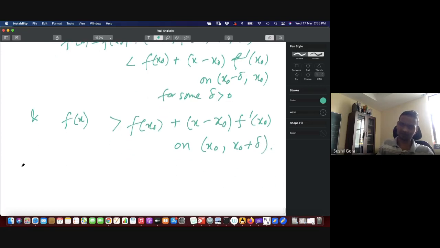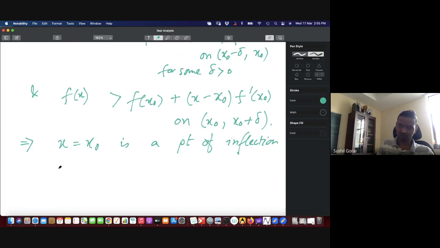Right? So that implies x equal to x naught is the point of inflection for the graph of f.